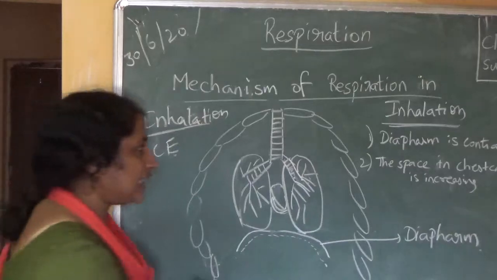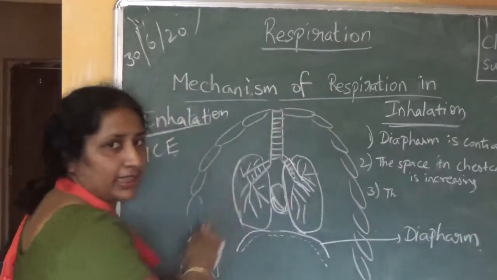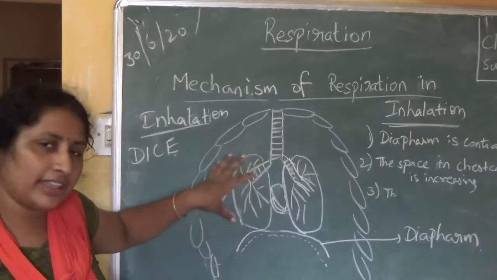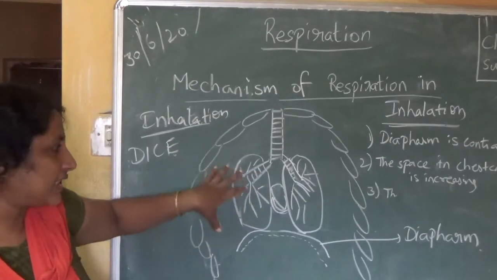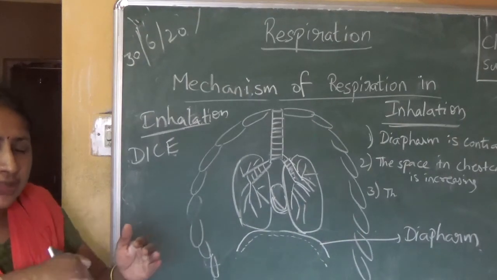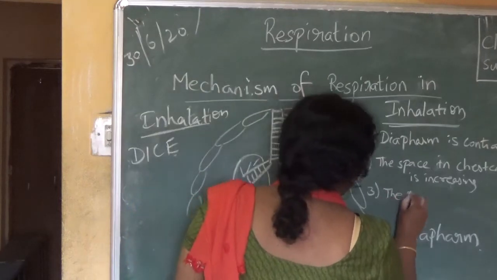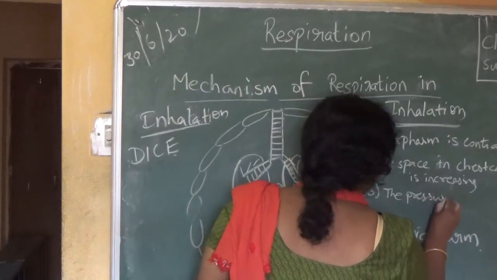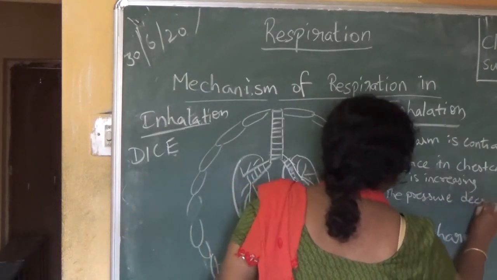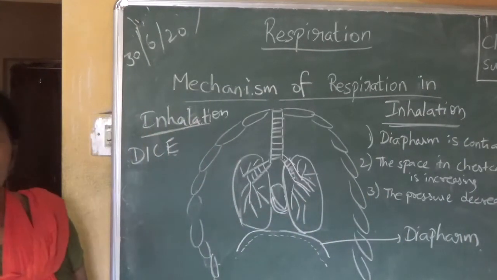The space increases, means what happens to the pressure? Lungs have air in them, so they will be having pressure. When the space is increased, the pressure decreases. The pressure decreases in the lungs.